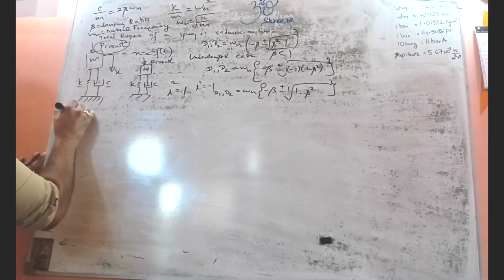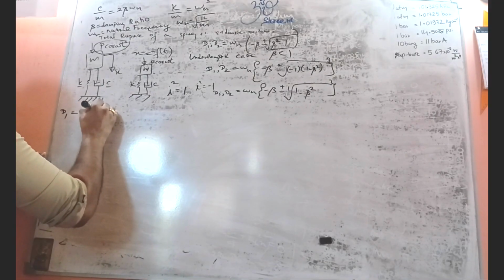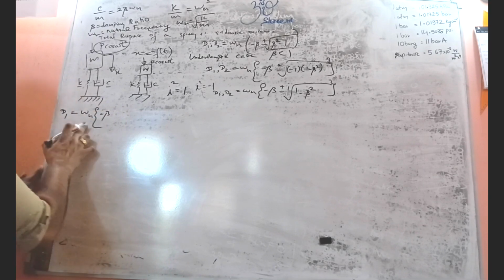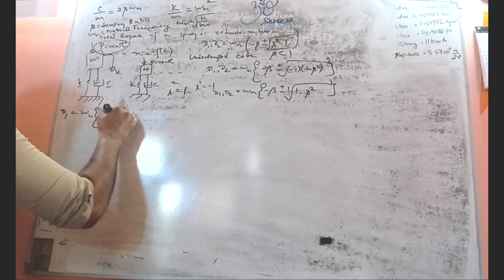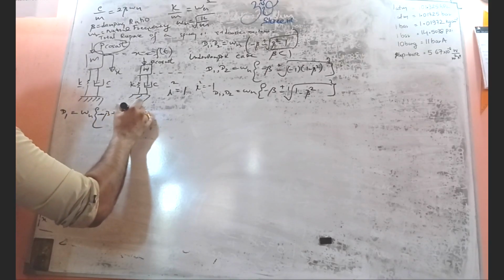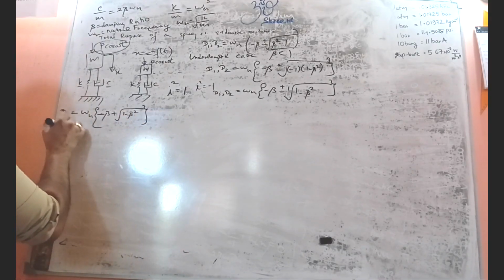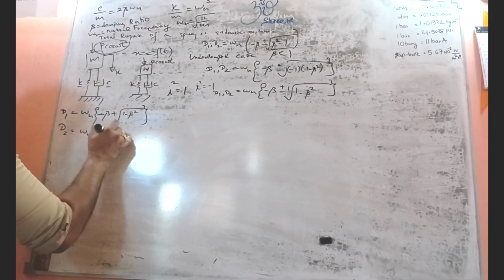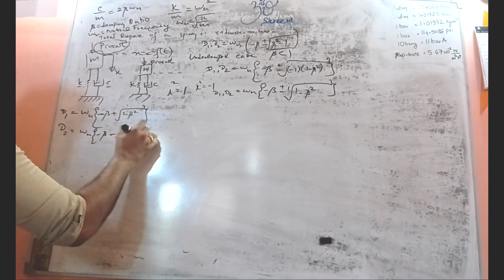We have d1 equals omega n times minus beta plus i times the square root of 1 minus beta squared, one solution. Then we have d2 equals omega n times minus beta minus i times the square root of 1 minus beta squared.